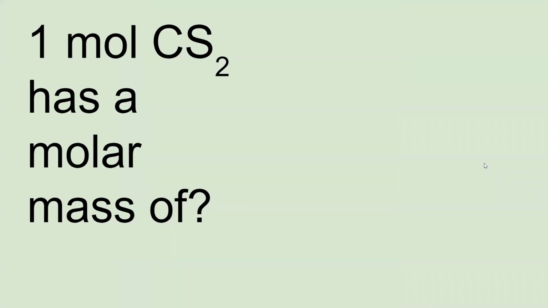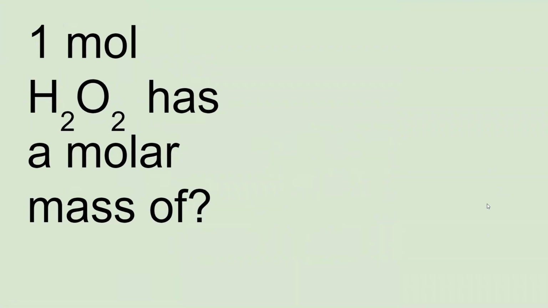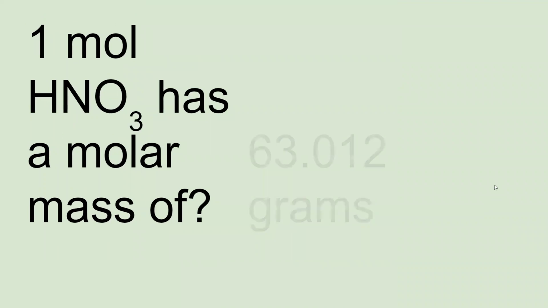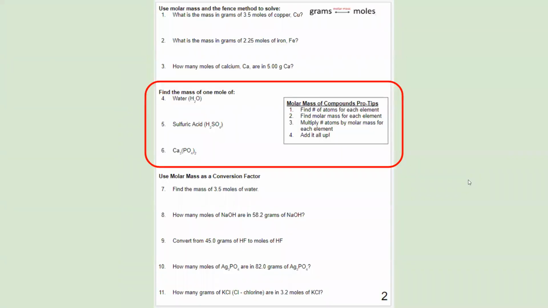So what I would like you guys to do now, we're going to actually skip a few of these. And I really did throw a lot of these in. Okay, I would like you guys to go to 4, 5, and 6. You have the formulas. I want you to find the molar mass of each of these. So we have water, sulfuric acid, calcium phosphate.